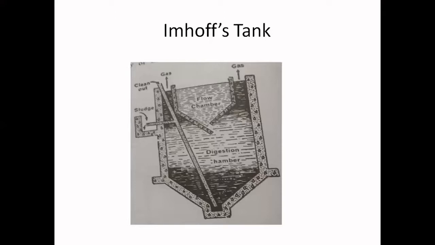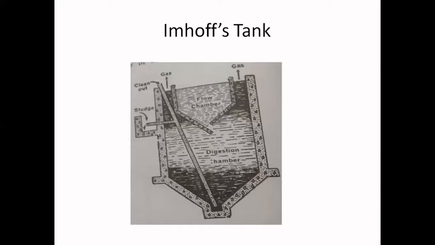The tank delivers better effluent than that received from the sedimentation tank. The gases produced during digestion mainly contain methane, which can be used as a fuel when collected. The system is efficient in removal of settleable solids, to about 60%. The BOD is reduced by about 30 to 40%. However, the use of the Imhoff tank requires expert maintenance.